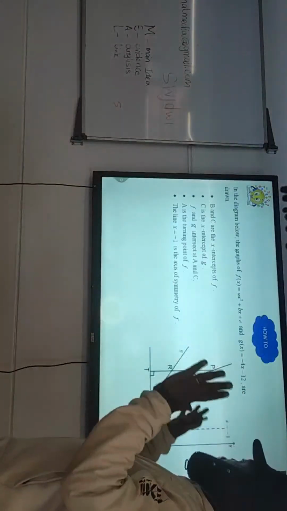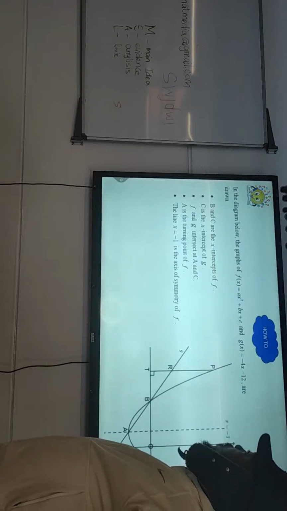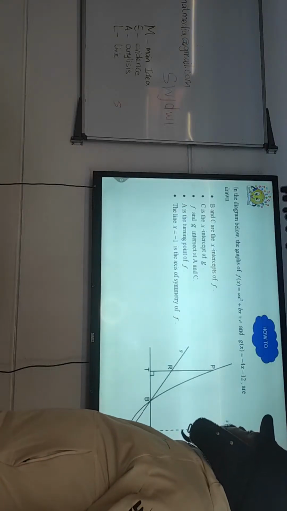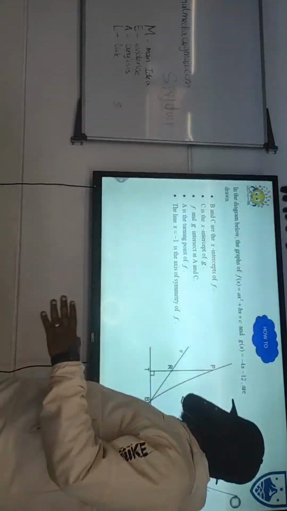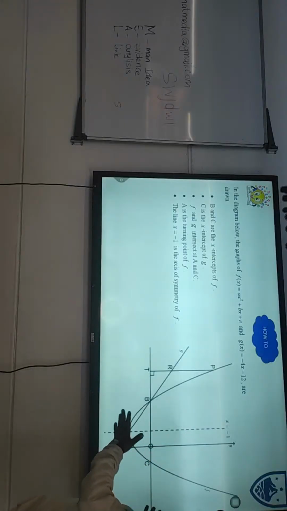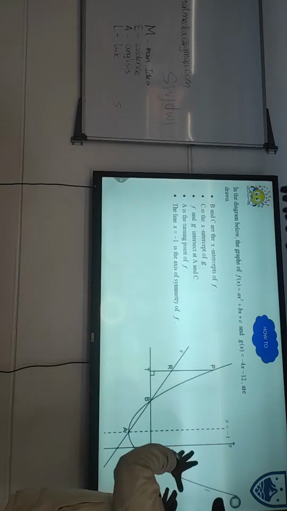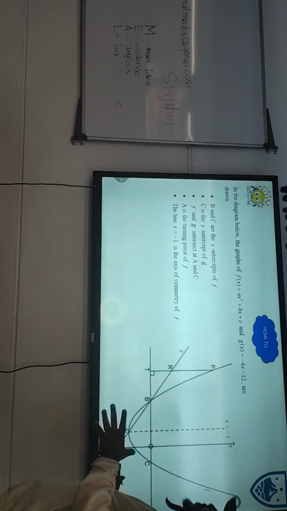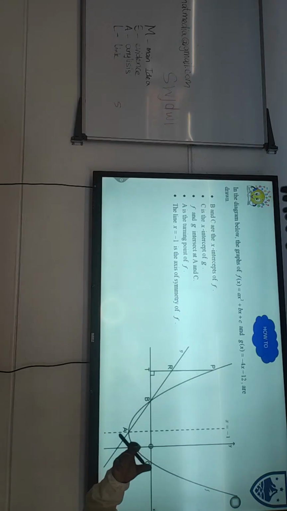This is how you're going to see your graph. First question in functions, you'll see something of this nature. You will see a parabolic graph and a straight line, or a parabolic graph and an exponential or hyperbolic graph. So you'll have a combination of the two.